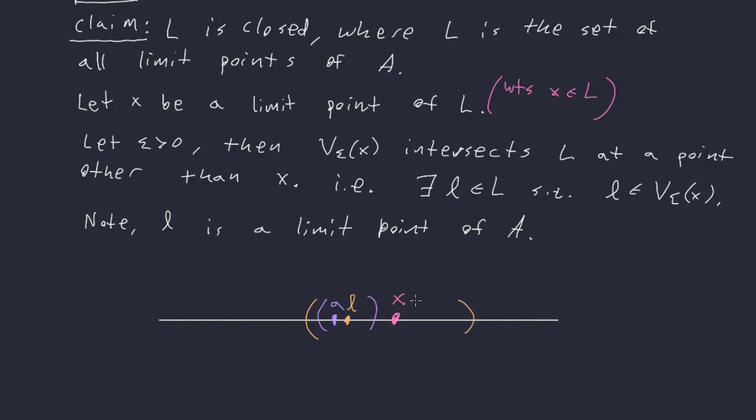Really what we want is something smaller than, say, the distance between l and one of the endpoints, the distance between l and X, and the distance between X and the other endpoint. But that would only be true if l is on this side of X. If it's on the other side of X.